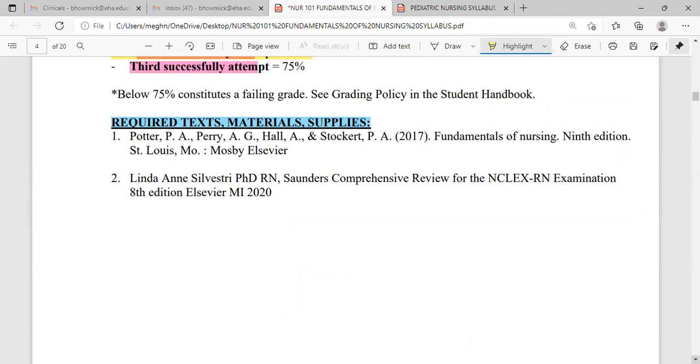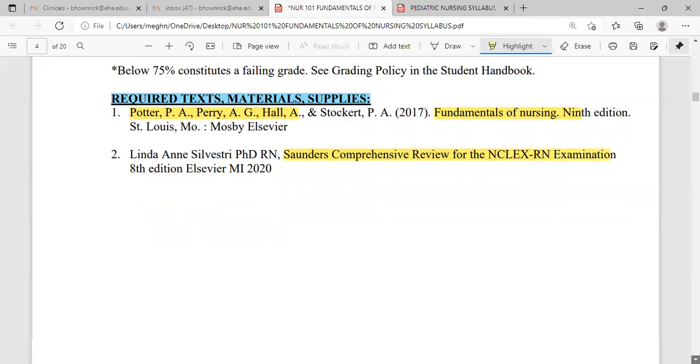So the textbooks, material stuff. I said this is the Potter and Perry Fundamentals of Nursing 9th edition we follow. So also we have a Saunders Comprehensive Review for the NCLEX-RN exam book, also the same book for PN.